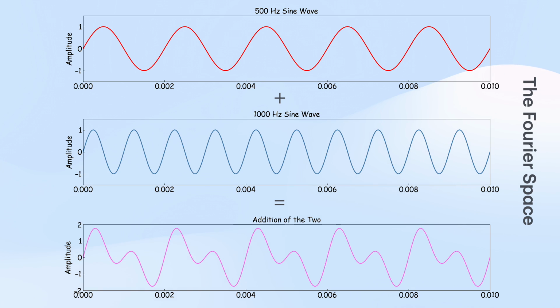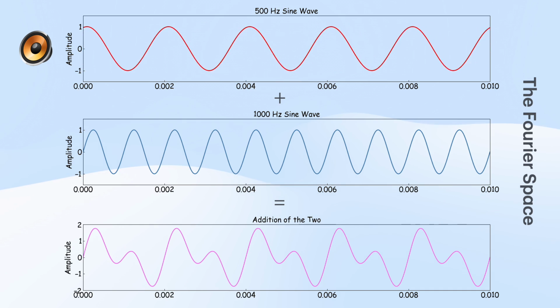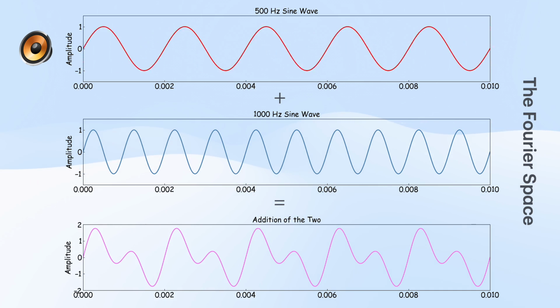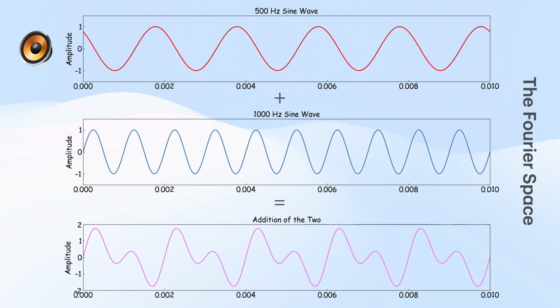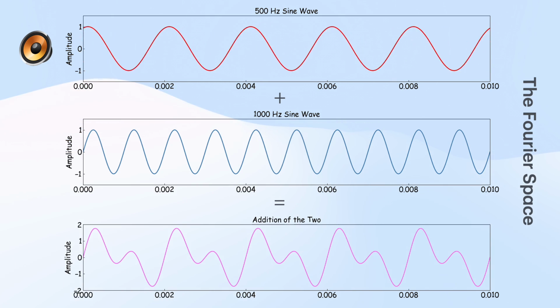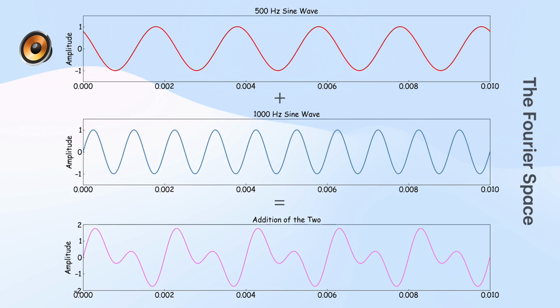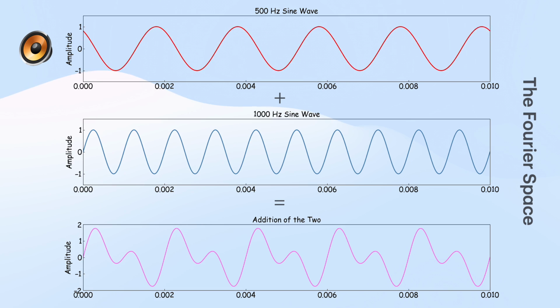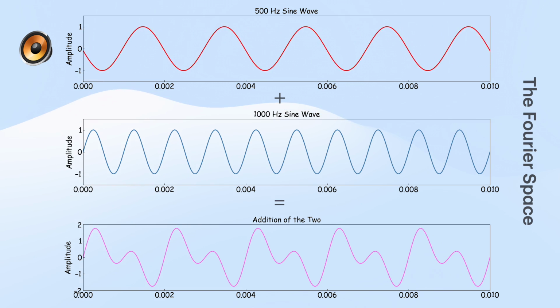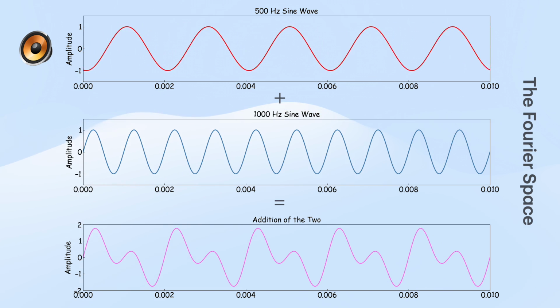In this example, we show that vectors are not limited to arrows. Here is the first monotone sound, a pure tone of a specific frequency. You can think of this tone as a vector, not an arrow in space, but a function in a function space, where the direction corresponds to the waveform shaped by its frequency, and the length corresponds to its amplitude.